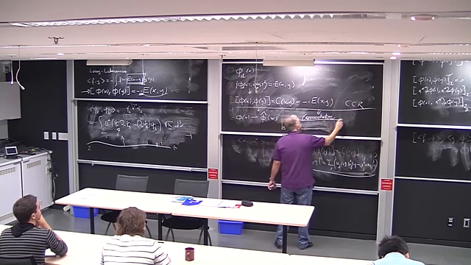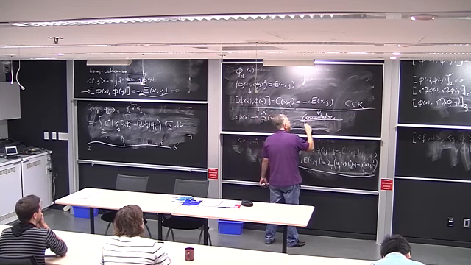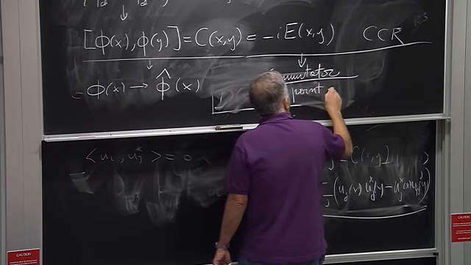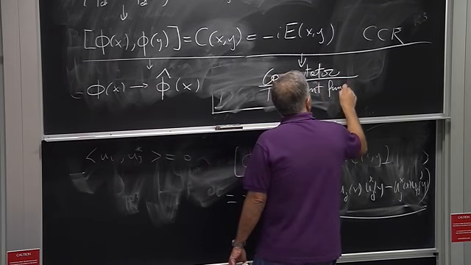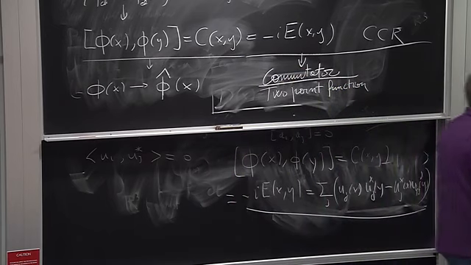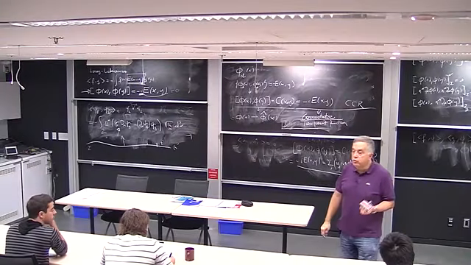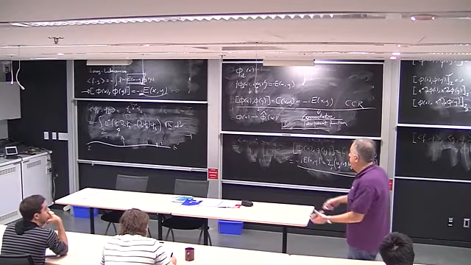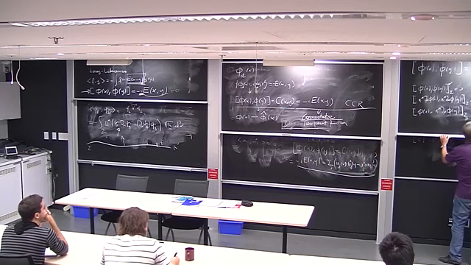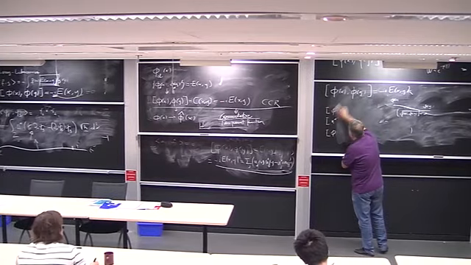The rest of the construction amounts to constructing the two-point function. We can think of what properties this two-point function has to have, going back once more to Minkowski space.